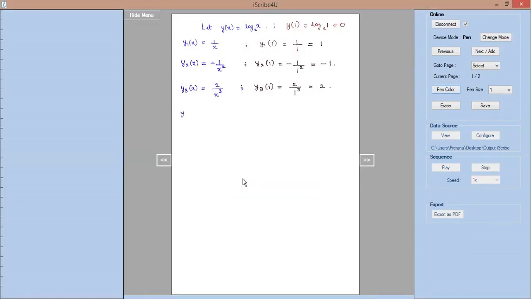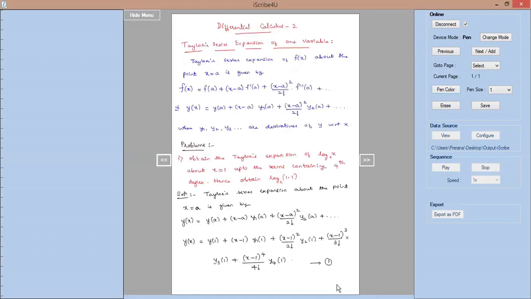Now finding out y4, the next and the last differentiation to find out. Because we are asked to find out until 4th degree term, we had already written the formula by substituting x is equal to point a, which is equal to 1. We have already obtained equation 1, and when you observe, we have to write down the degree terms up to y4 of 1.